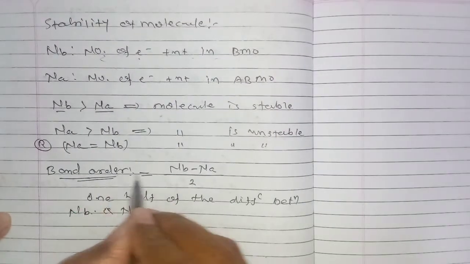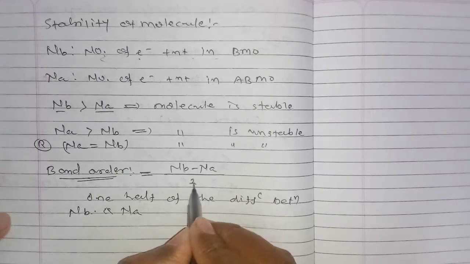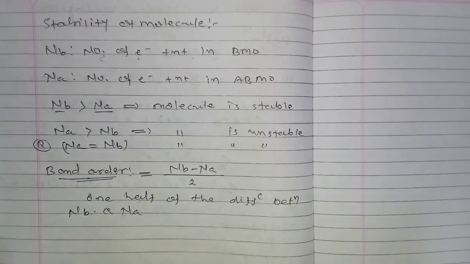That means bond order equals Nb minus Na divided by 2.